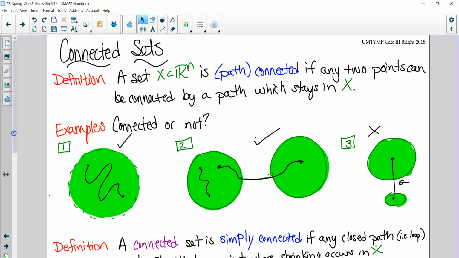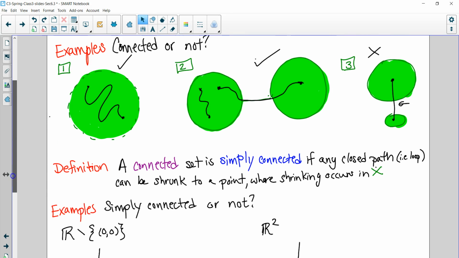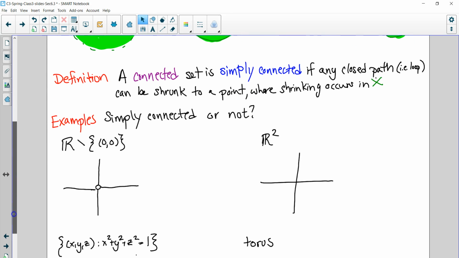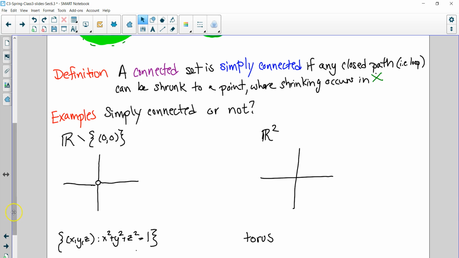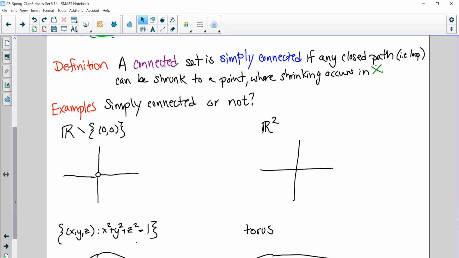And then just to expand on this idea of connected is this idea of simply connected. This ends up being very important next week. A simply connected set is one where, if you think of any connected set, so it first has to be connected, and we look at a closed path, a loop, we can shrink that closed path to a single point where that point occurs in our set.